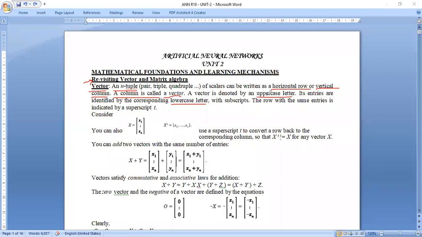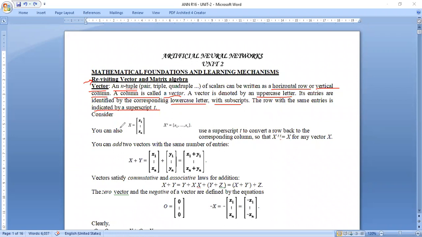The entries in that particular vector are represented by lowercase letters with subscripts. The row with the same entries is indicated by a superscript. Okay, for example, let us see the example.